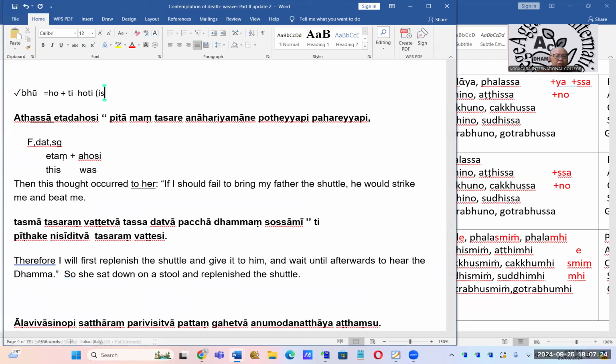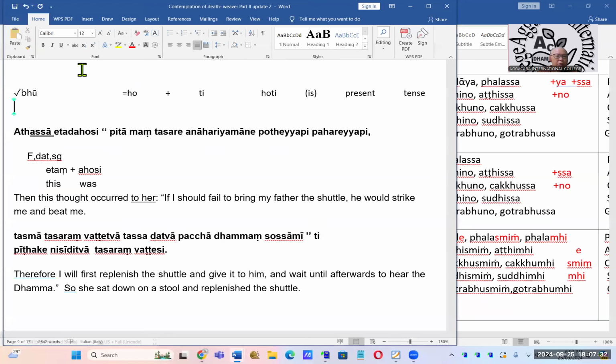We saw this word before. Hoti is translated as present tense. For past tense, you remember we can add a in front. So when you put a and then you have the word ho, and then there's an s insertion and then it finishes with the past tense i. Okay, aorist. When you combine, you drop the bh and the u changes to o. So you have ahosi.